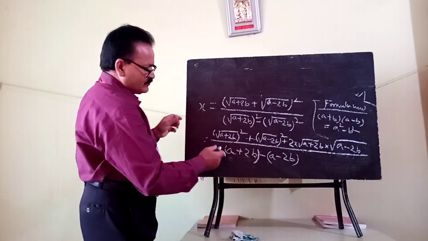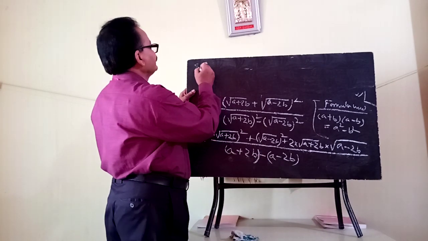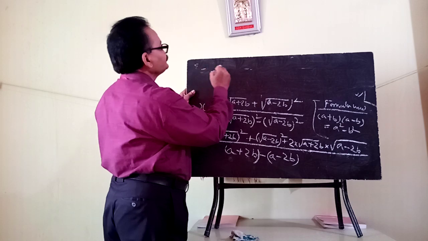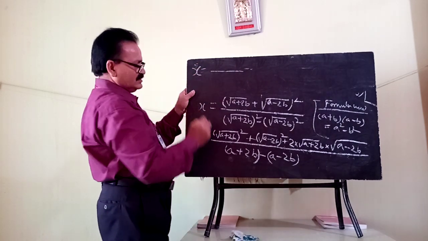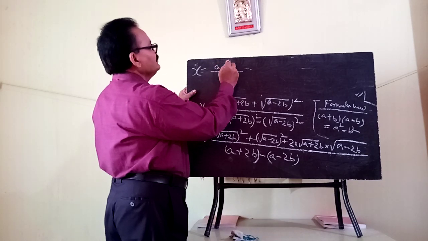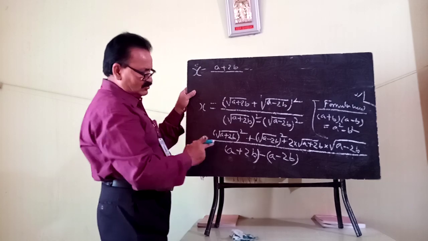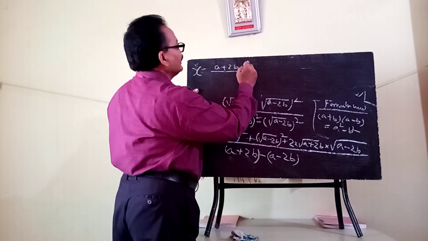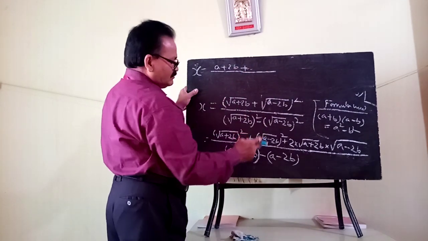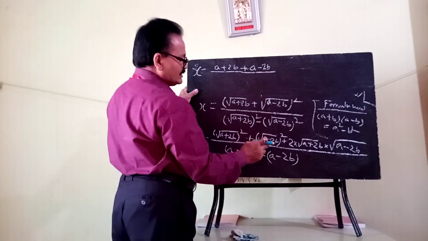You see, now you open the bracket in the numerator. You write equal, here it is x, square root of a plus 2b, because you are doing whole square here, so the root is out. Then again plus a minus 2b, the root is out.